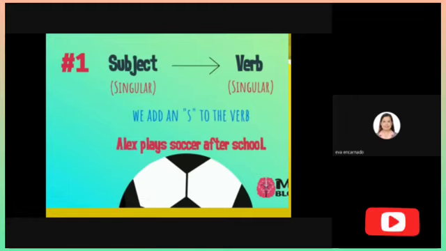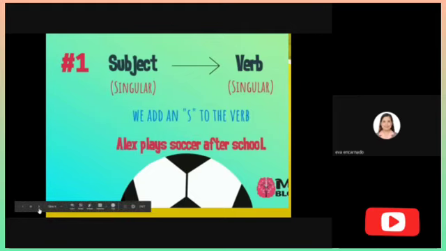So we add S to the base form of the verb. Example, si Alex is singular. Plays, you add S to the word play. When you add S, it shows a singular verb. Alex plays soccer after school.